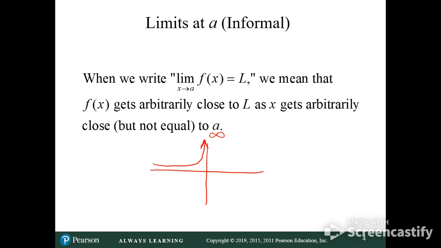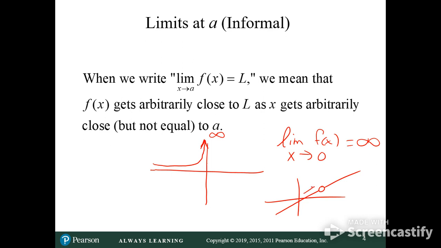As we get really close to 0, the limit of our function as x approaches 0 is going to be infinity, because it goes up forever. Is this ever going to hit infinity? No, it's not.